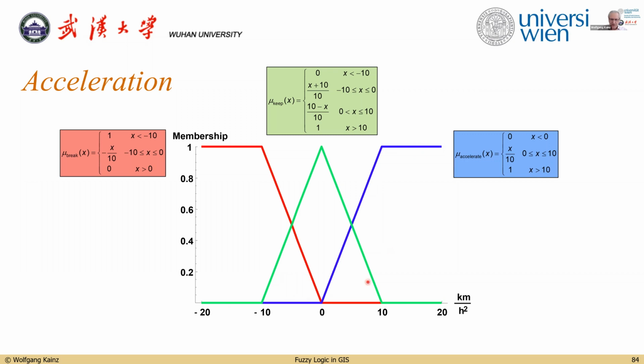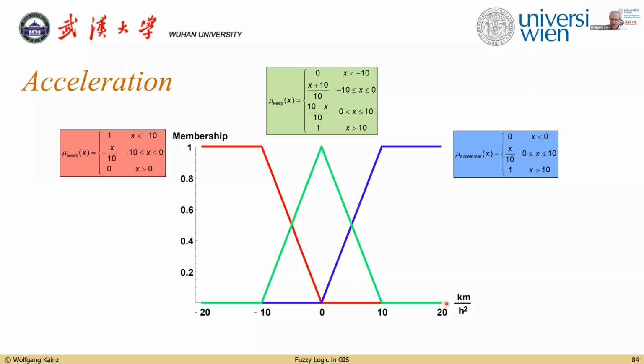And for maintaining the speed has the membership value of 1 at 0, because at 0 there's no deceleration, there is no acceleration. And the more we brake or the more we accelerate, the lower the membership value becomes to maintain the speed. And at -10, less than -10 and more than +10, it remains 0. So this would be our 3 membership functions for the 3 values: decelerate, keep speed, and accelerate.